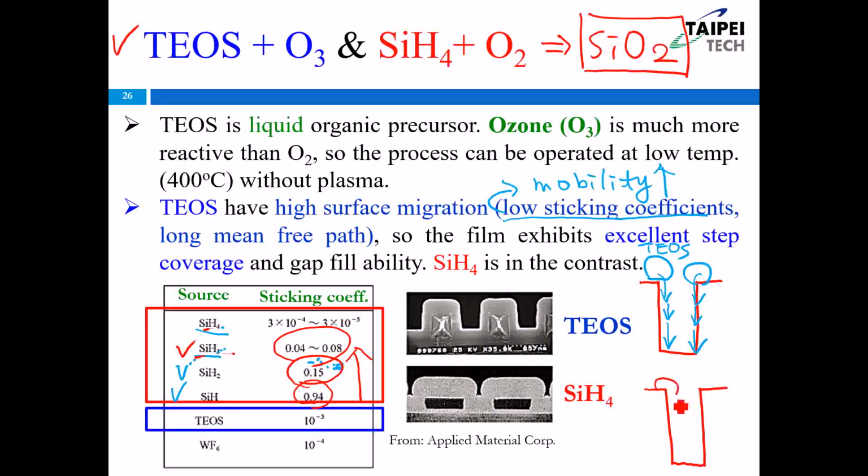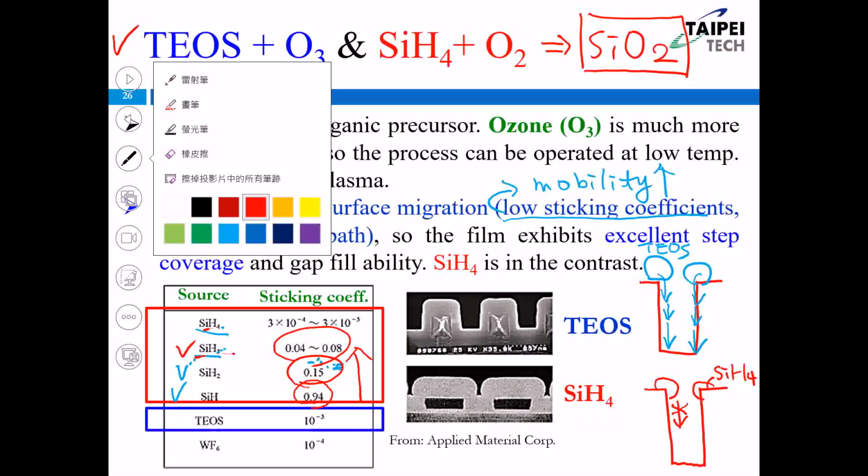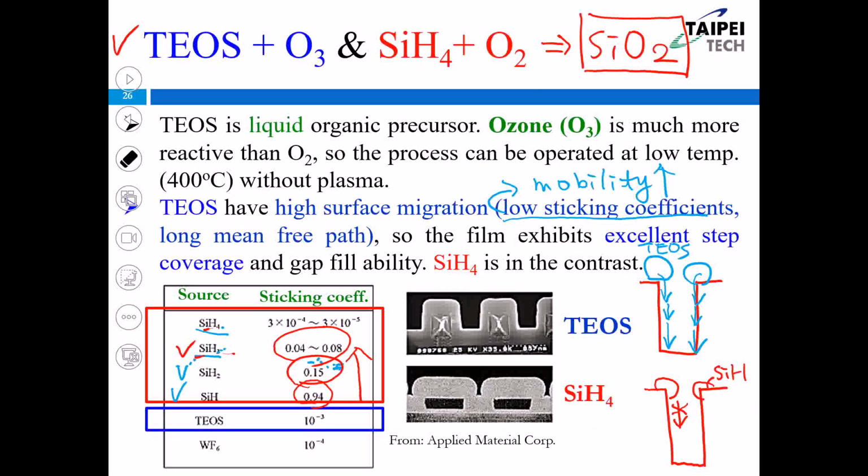And then when the silane remains here, silane will not move around, because the sticking coefficient is very high. So the mobility of SiH3, SiH2, and SiH is very, very low. So they will not move.